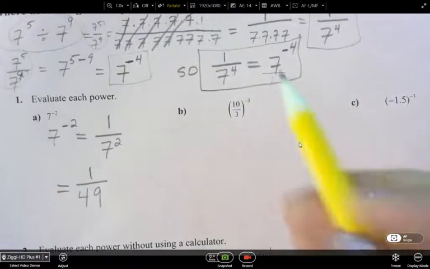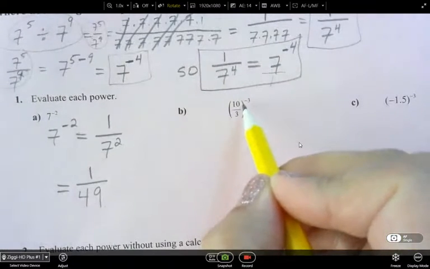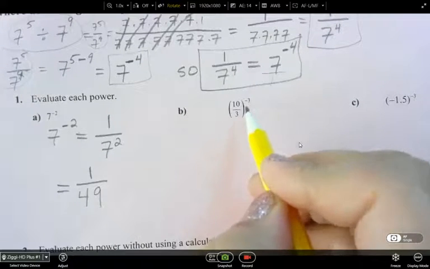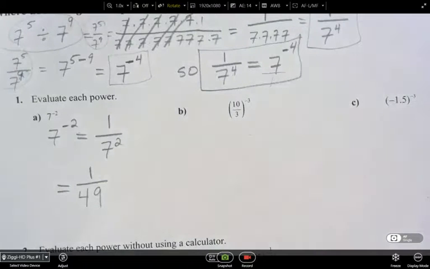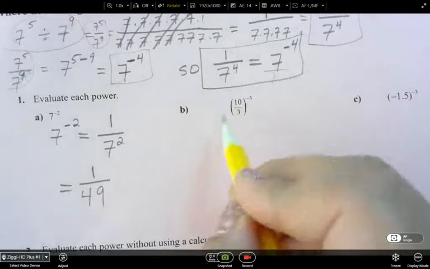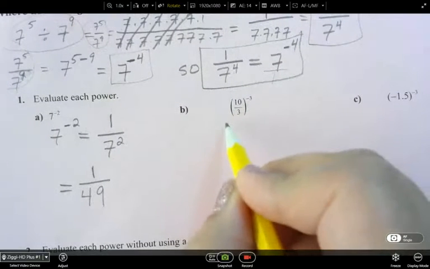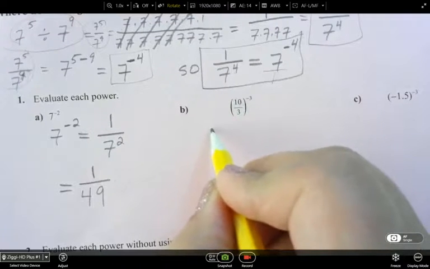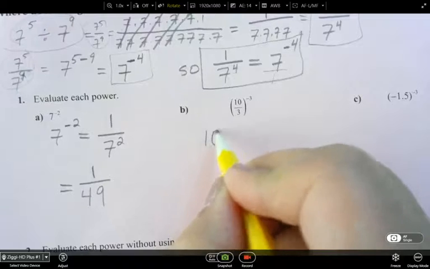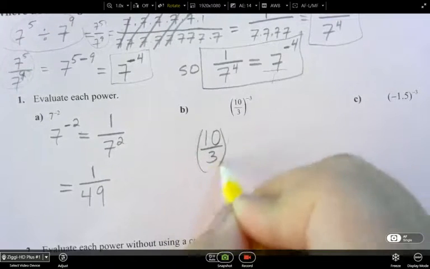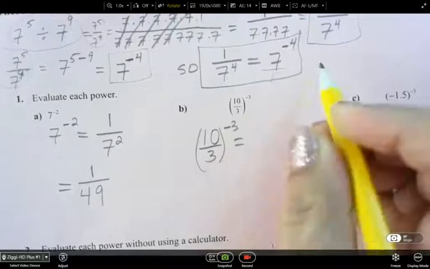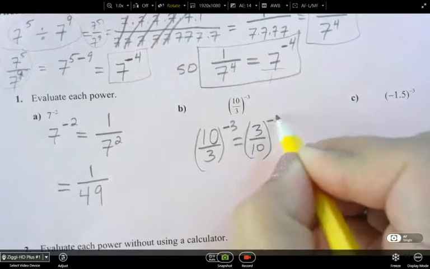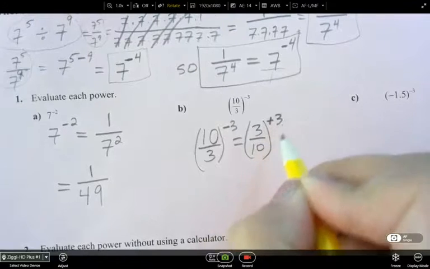All right, so now here I've got 10 over 3 to the power of negative 3. So in order to make that exponent positive, what do I need to do to the base here? I need to find the reciprocal of it. 10 over 3 to the power of negative 3 is equal to 3 over 10 to the power of positive 3.